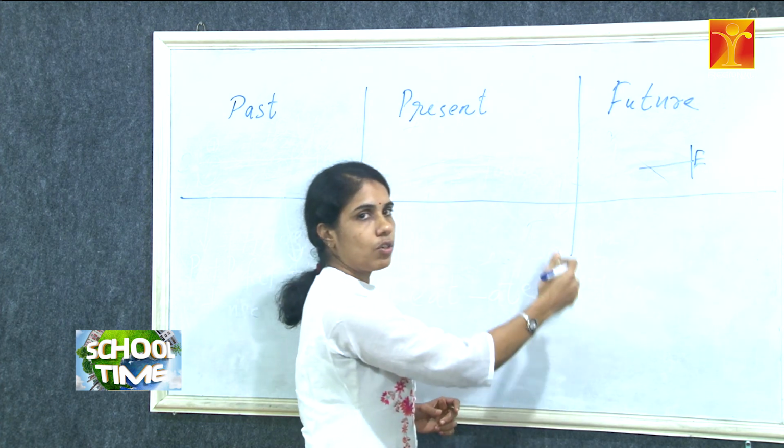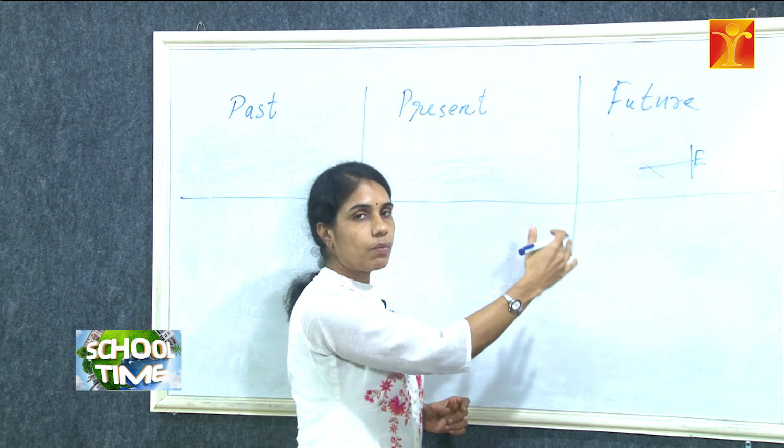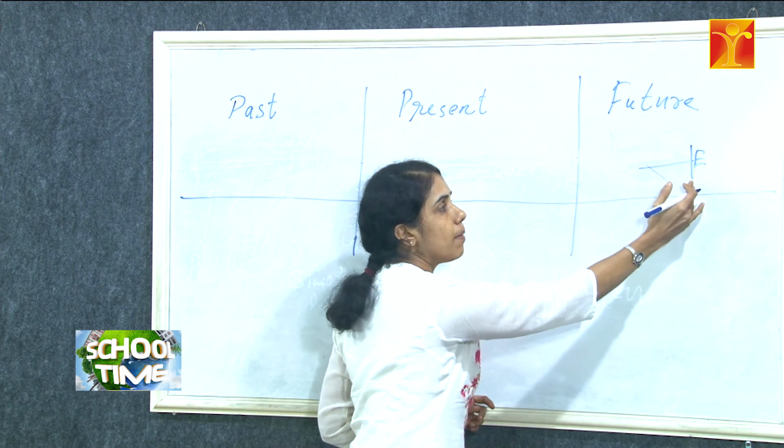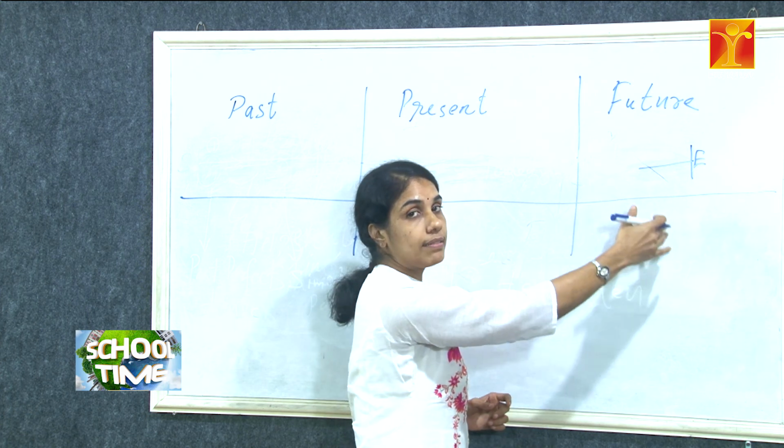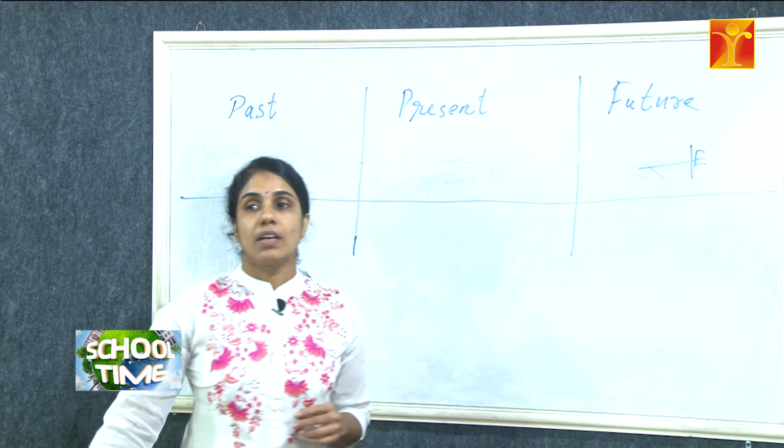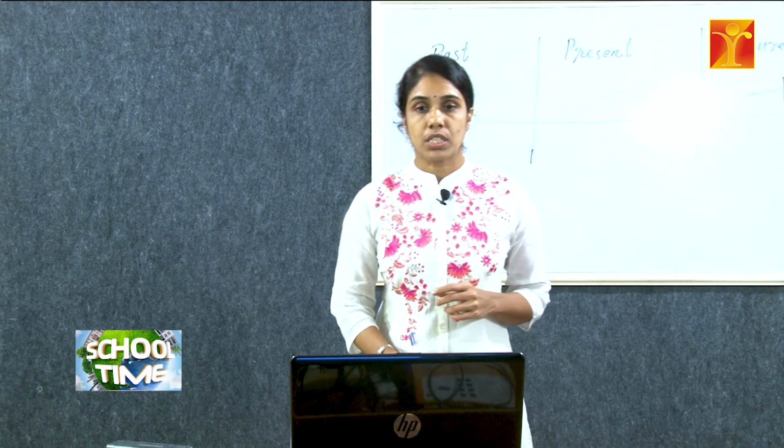This is a date or a time, and we hope that the action will complete within that date or within that time. For expressing this we use future perfect tense.